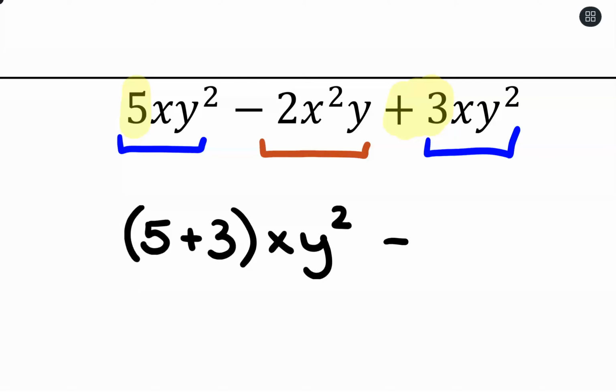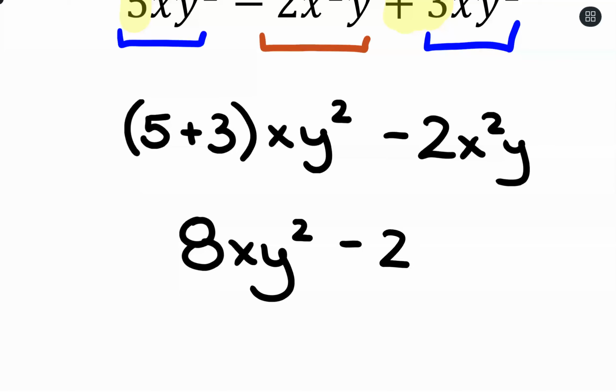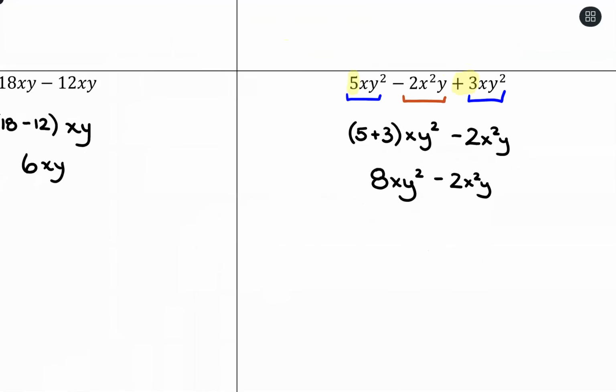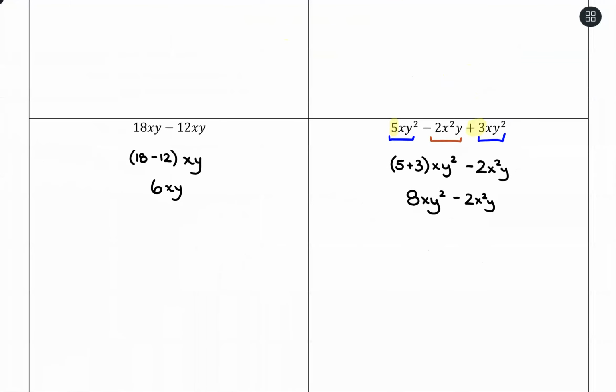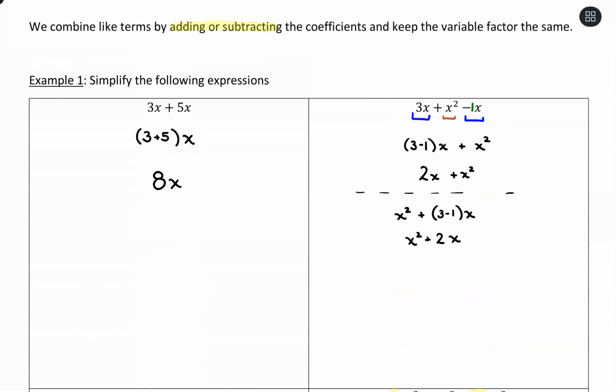And then we have this minus 2x squared y just staying out on its own because it has nothing to combine with. So 5 plus 3 is 8. So that's our new numerical coefficient: 8xy squared minus 2x squared y. And that's our combining like terms. So the first thing you want to do is identify the like terms, and then you combine them by adding or subtracting their numerical coefficients together.